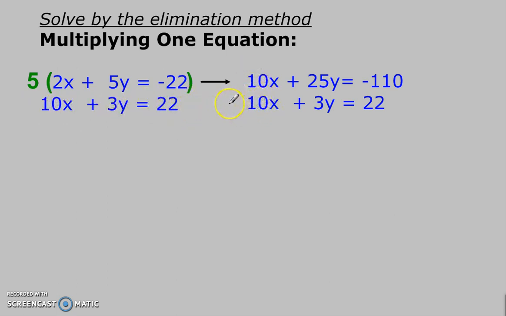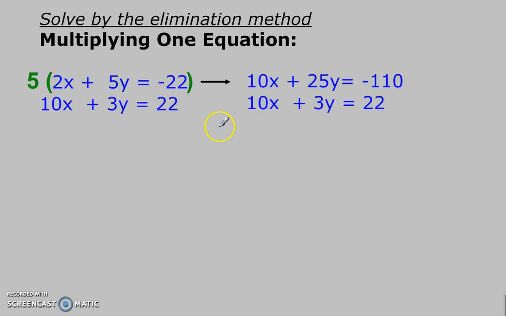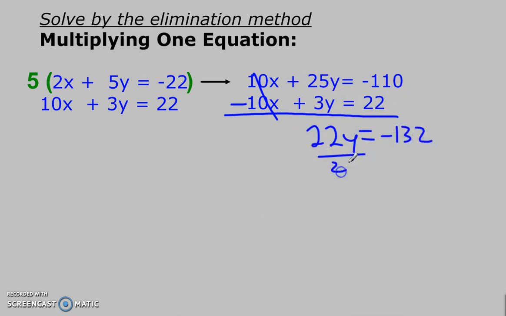And then I'm going to carry over the equation as it was down here. And then I can subtract these two and solve that one. So then this would cancel out. I'd get 22y is equal to negative 132, divide by 22, and y is equal to negative 6.